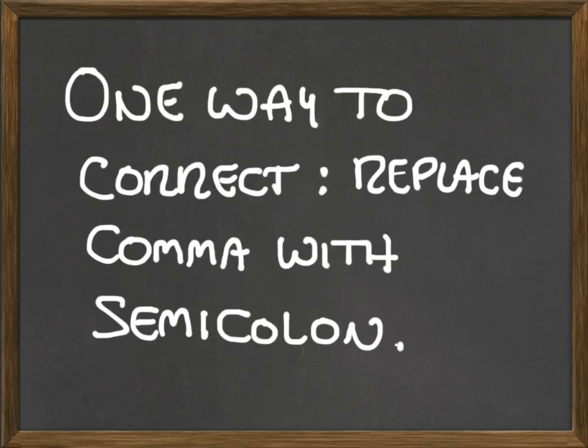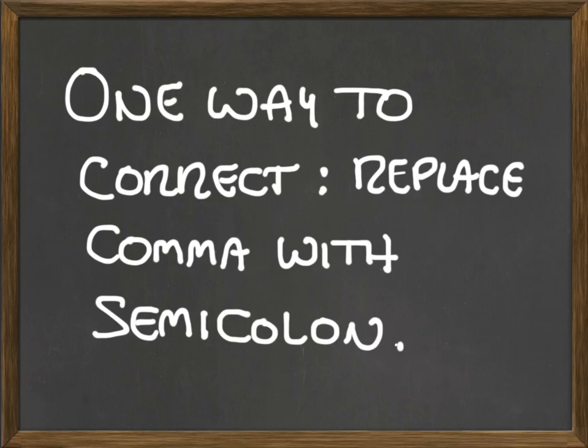So we're going to talk right now about correcting a run-on sentence that has just two independent clauses in it. If you go back to the lesson on semicolons, I talk about how to fix sentences with more than two independent clauses in them. But for our purposes right now, we're just going to talk about a run-on sentence that has two independent clauses.